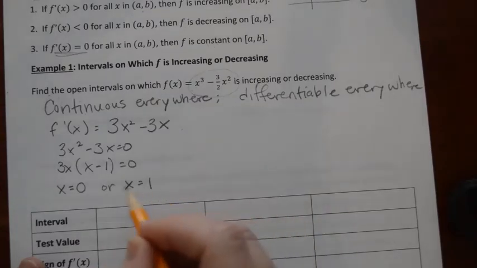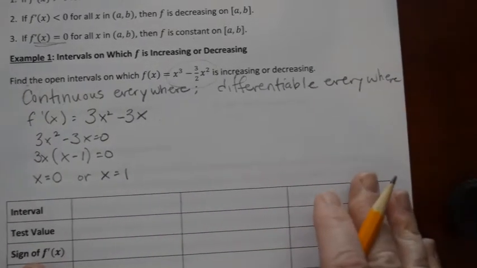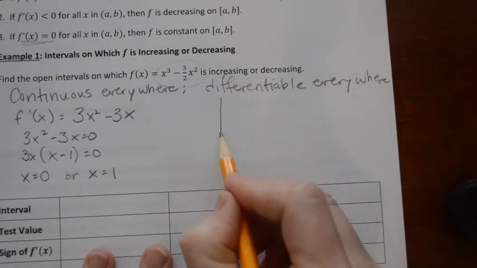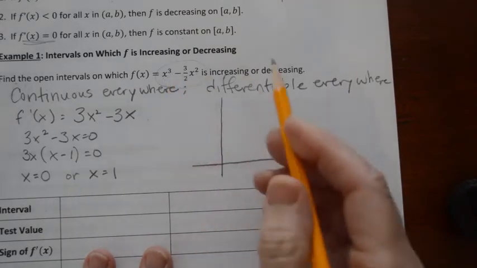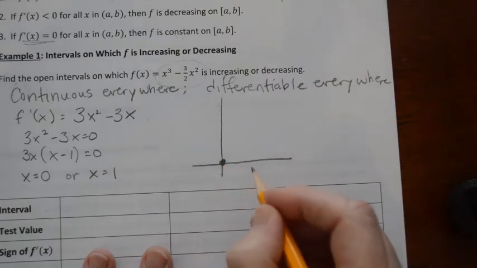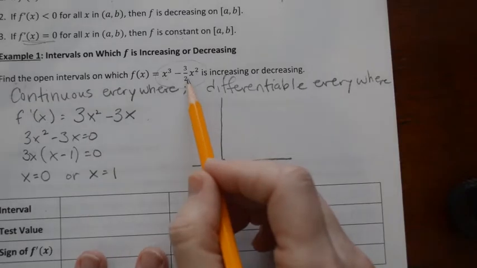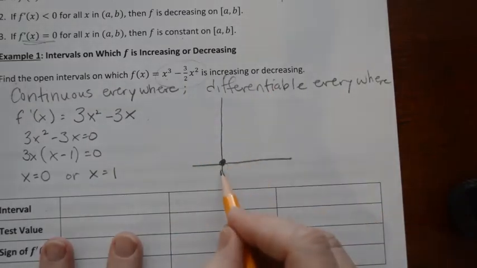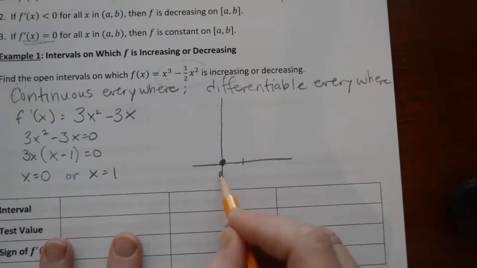So those are the two spots where something interesting is going to happen. In fact, if we were to make a sketch of this, if I plug in 0, I get 0. If I plug in 1, I get 1 minus 1.5, so that's going to be negative 1/2 here at 1. So let's say this is 1.